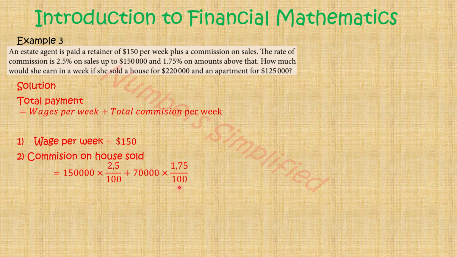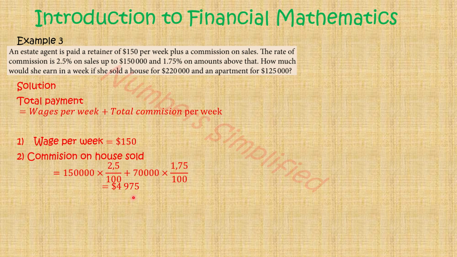So the remainder from the 150 up until the 220, there is a difference of 70,000. So that 70,000 would earn a commission based on 1.75%. So that is for the house alone.